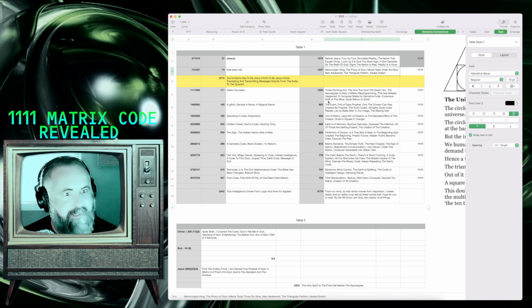Speaking in code. That's exactly what they're doing. This is all being spoken through in code. Hidden intelligence. It's all hidden within these codes. A code to find God. Looped time. Earth ends. Message of end.